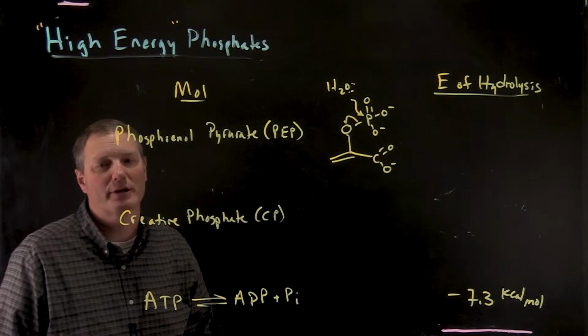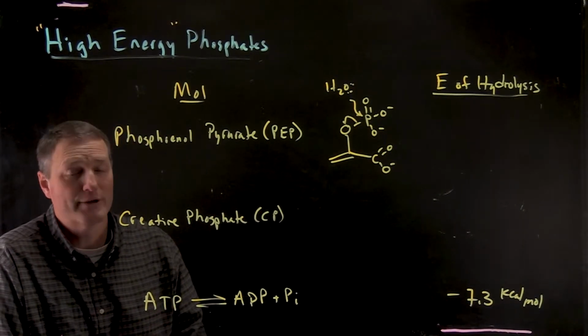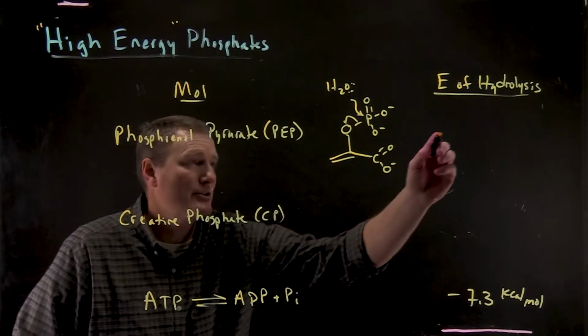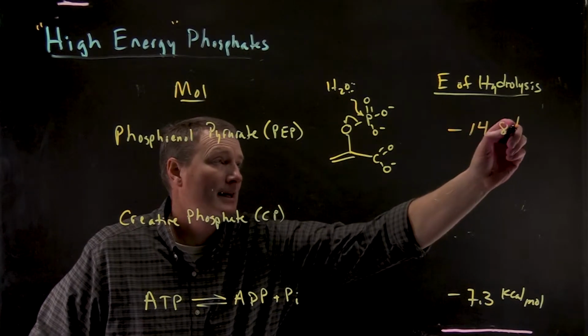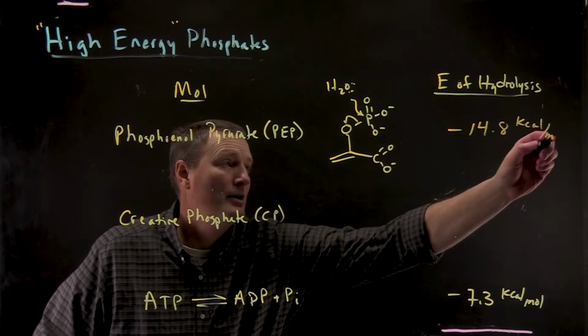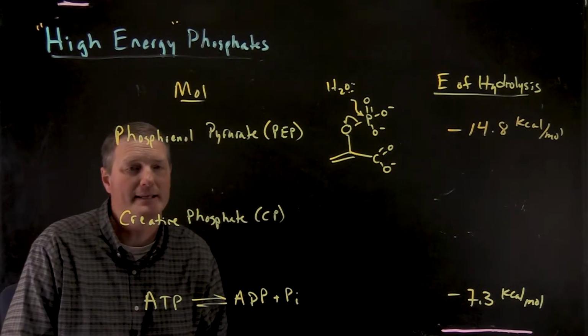And this hydrolysis reaction is probably one of the most energetic in our cells. This actually liberates close to minus 14.8 kilocalories per mole. So it's almost double, or a little bit more than double, what the hydrolysis of ATP is.